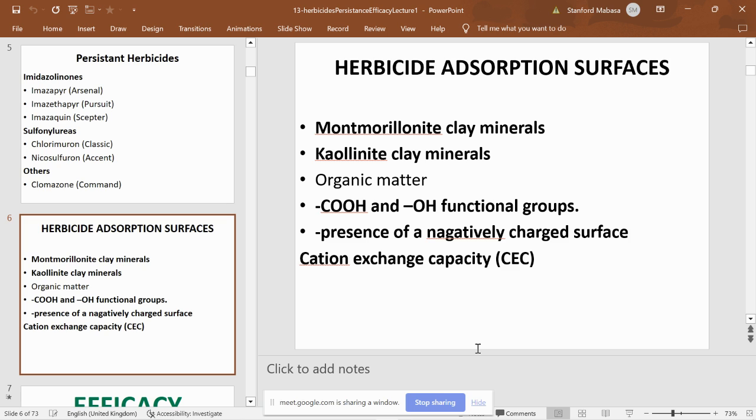But on the clay minerals, we may have positive charges. Now, the presence of a negatively charged surface can also attract some herbicides. Sometimes we talk of cation exchange capacity so that we have an indication of what can happen to the herbicide if it is soil applied, because it is reacting with the soil.